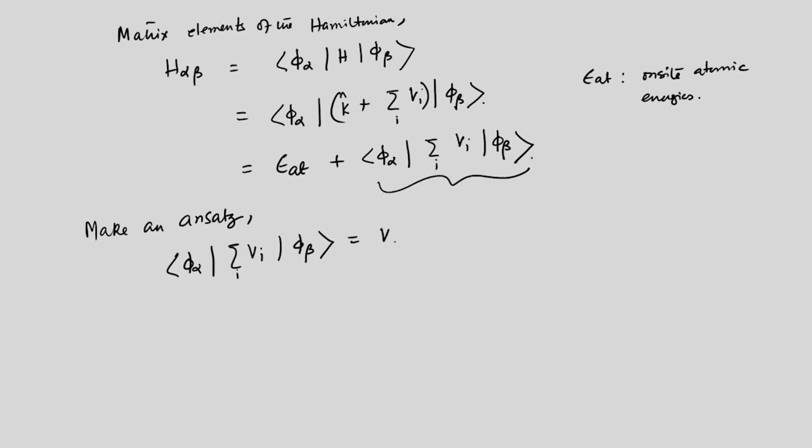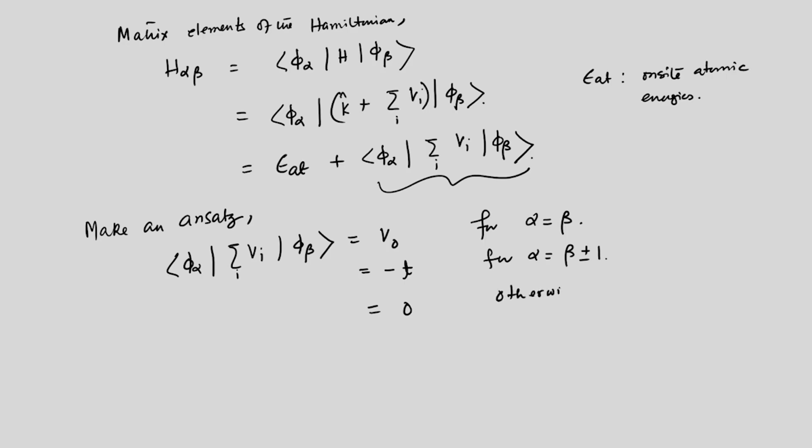So, this is equal to V0 for alpha equal to beta, it is equal to minus T for alpha equal to beta plus or minus 1. We are talking about a one dimensional system, and it is 0 otherwise.